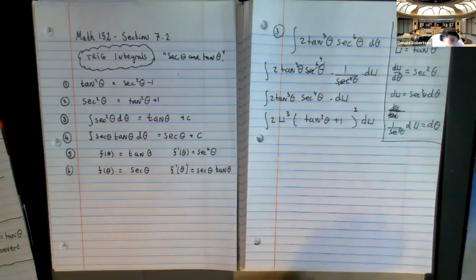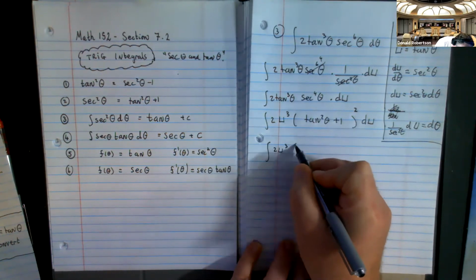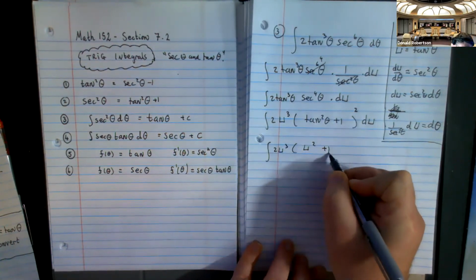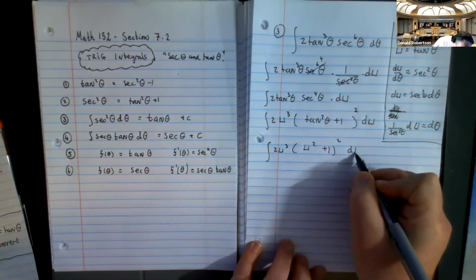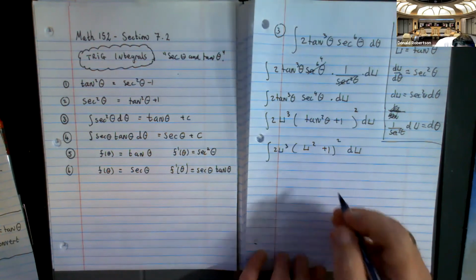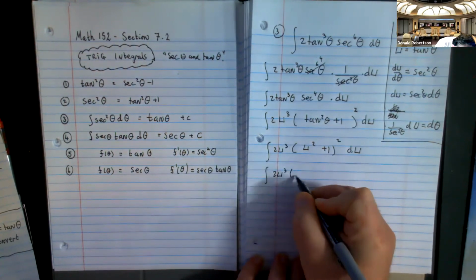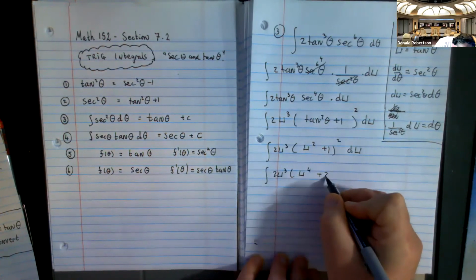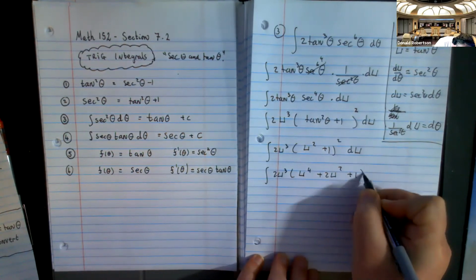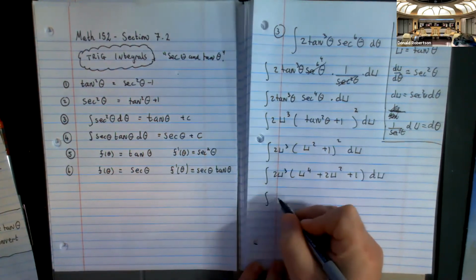Just cutting down on my workload. Now, if you do that, you get a u squared plus 1 squared. Everybody happy about that one? If you then look at this fella, you get u to the 4 plus 2u squared plus 1. And then distribute it a little bit more.